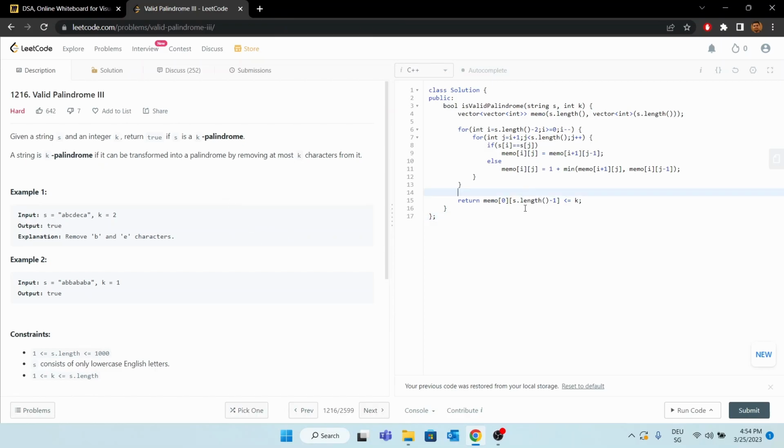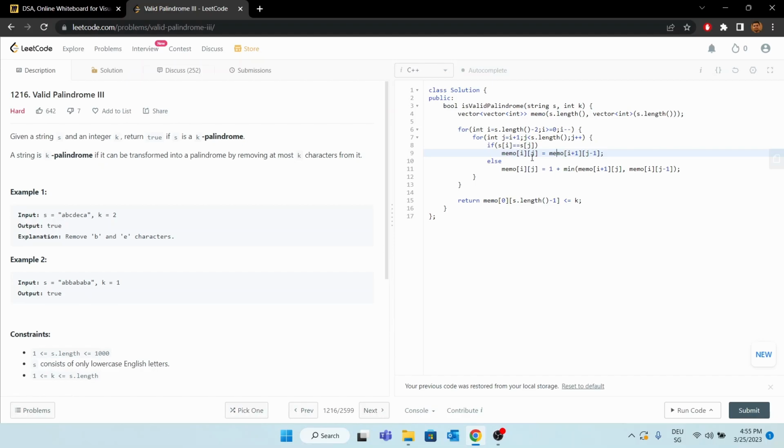Here you can see our solution. I have written the code the way I discussed it. At first I have taken a 2D vector, initialized it with 0. Then the value of I starts from the length of the string minus 2 up to 0, and for each value of I, the value of j starts from I plus 1 up to the length of the string.